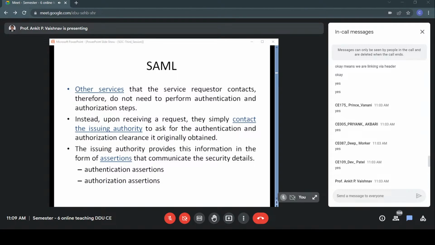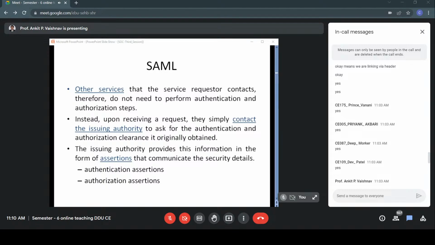So can I say that account service will be acting as the issuing authority based on what we have seen? Yes. Now, suppose next the invoice service is contacting the notification service for getting updates. Fine.